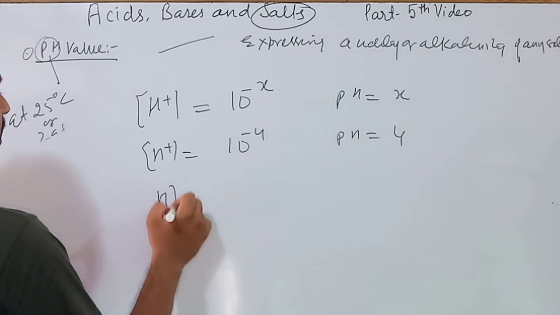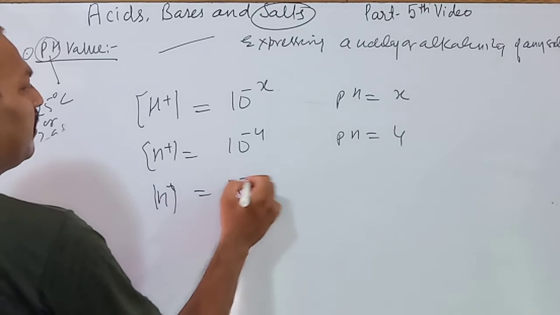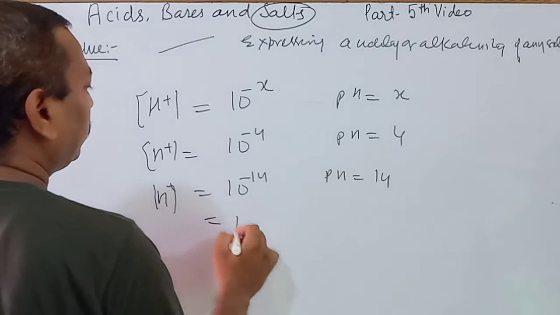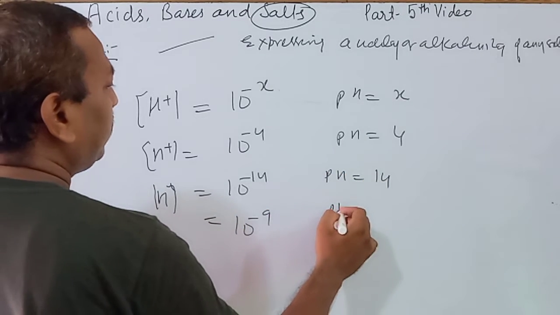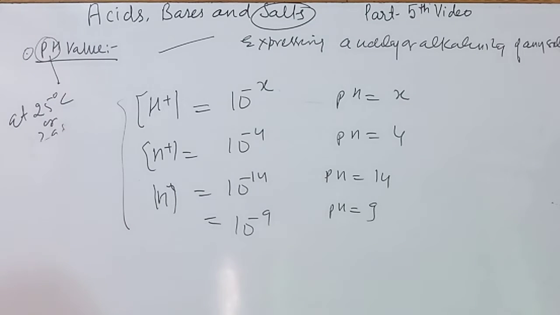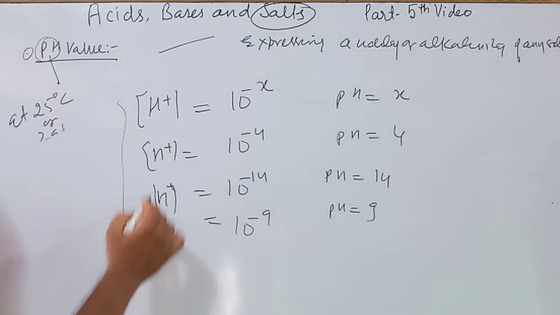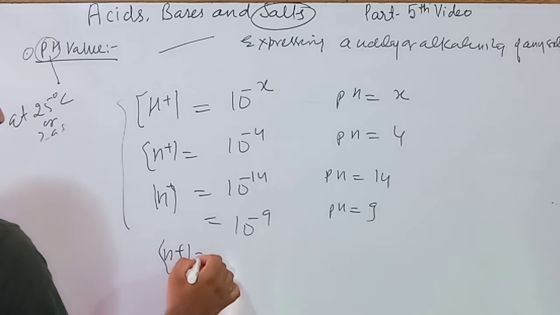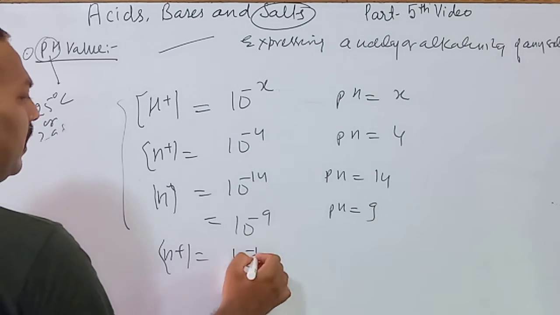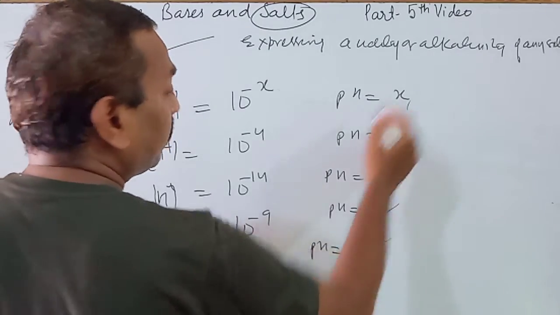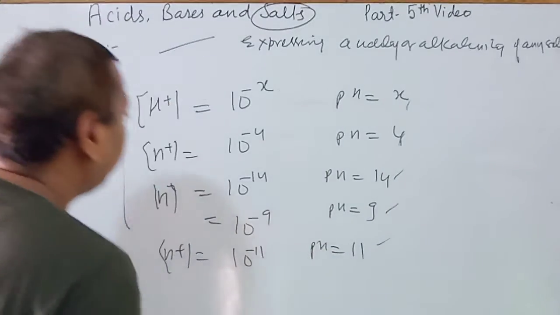If it is 10 to the power minus 14, pH is 14. If it is 10 to the power minus 9, pH is 9. So this is the expression, point number 1. Students, is it clear now? Take one more: if the hydrogen ion concentration is given as 10 to the power minus 11, then children, pH will be 11. Okay, I hope you understood this case.